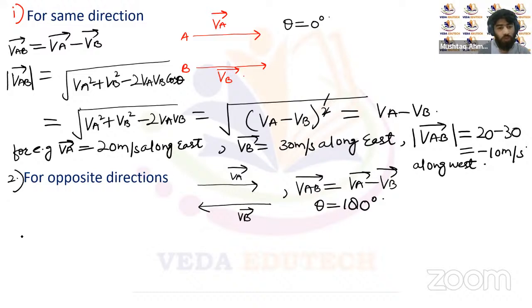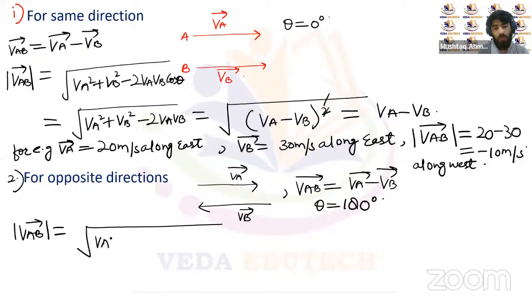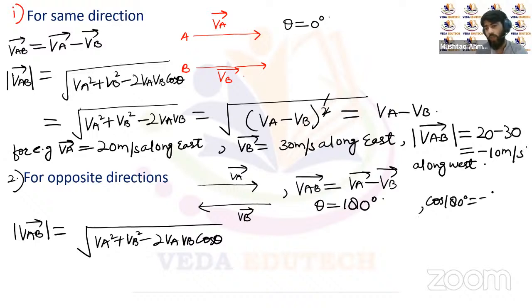It means that the modulus of the VAB vector will be equal to under root of VA square plus VB square minus twice VA VB cos of theta, right? Cos 180 degrees is equal to minus 1. We can plug in the value of cos 180 degrees in this equation.